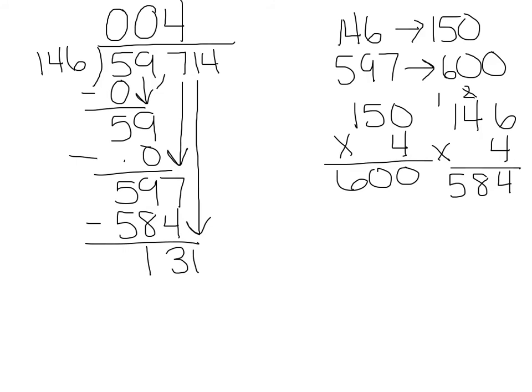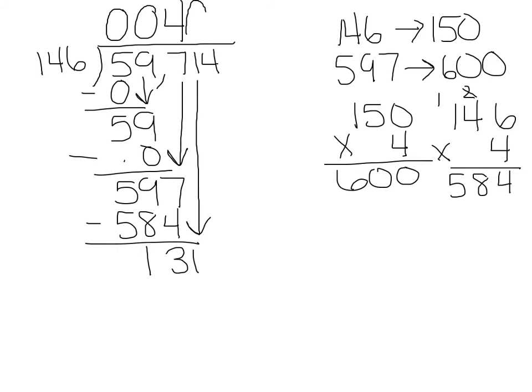All right, now I ask myself, how many times does 146 go into 131? Well, 131 is less than 146. So if I even did one time, if I put 1 right there, I would get 146, which is too big. So I know that 146 does not go into 131, or it's the same thing as saying it goes in 0 times.